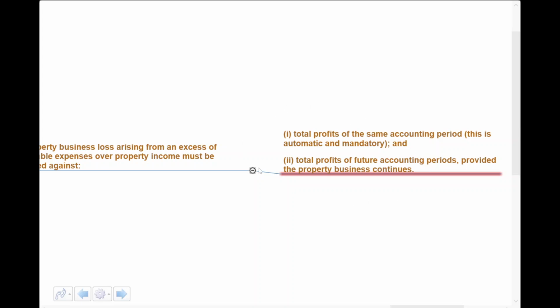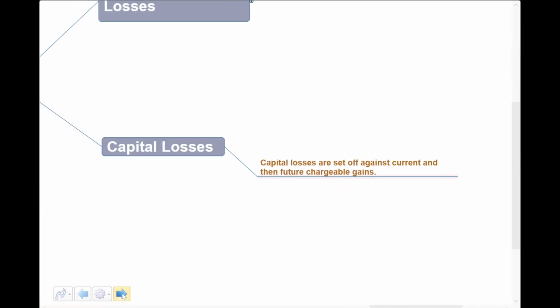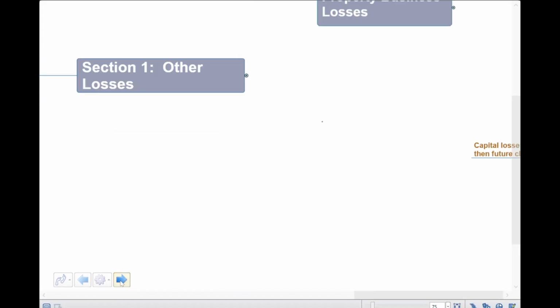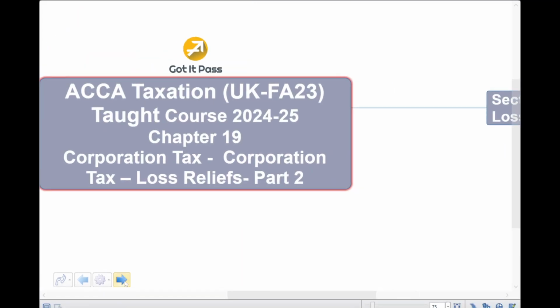Here we keep seeing total profits, but we do not see that down below. In effect, capital losses are ring-fenced. In other words, they put a ring around them, a circle, and say, no, only against current year capital gains or future gains. And really that's it. Nothing much to worry about at all there.